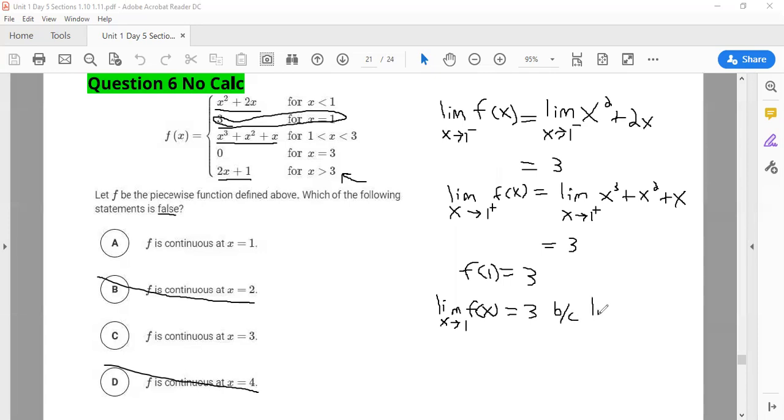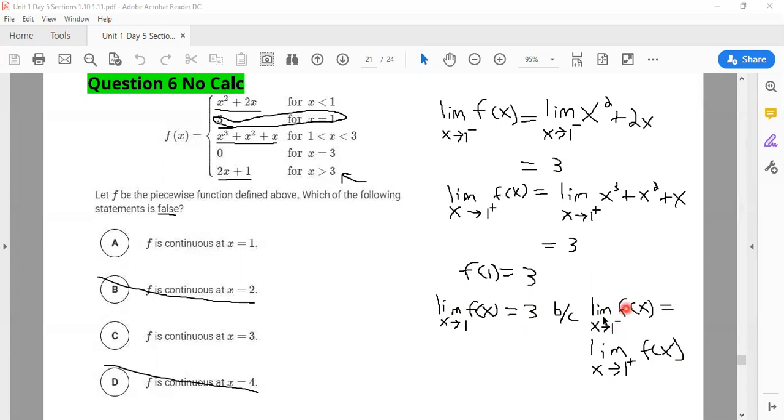But you do have to say because the limit as x goes to 1 from the left of f of x, and of course you use the notation, is equal to the limit as x goes to 1 from the right of f of x. So in one fell swoop, we'd be writing this statement. It would be all horizontal. This whole statement here would be in one line, justifying why the limit is 3.